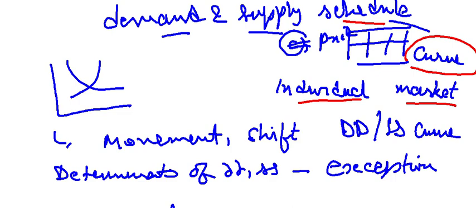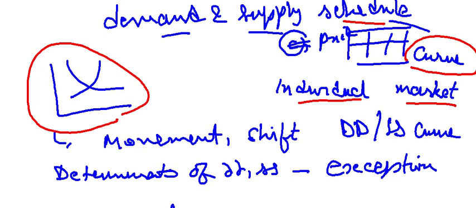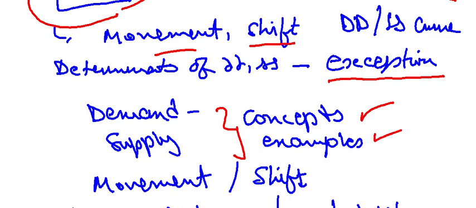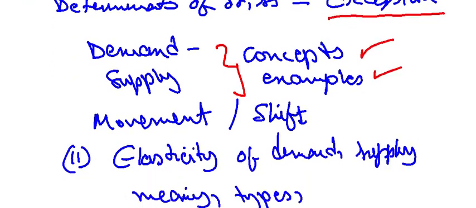Two keywords you have to know as you learn how to plot demand supply curves are the movement and the shift, the shift of the curve or the movement along the curve. We will learn demand and supply here, determinants of demand and supply, and the exceptions to the law of demand. Then you have to know demand and supply as concepts, with examples, and again movement and shift.